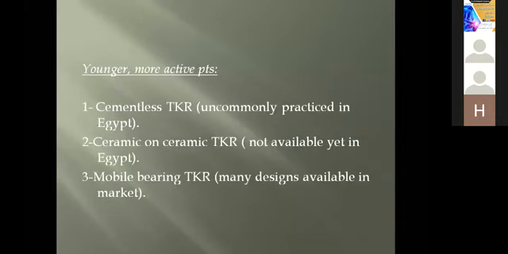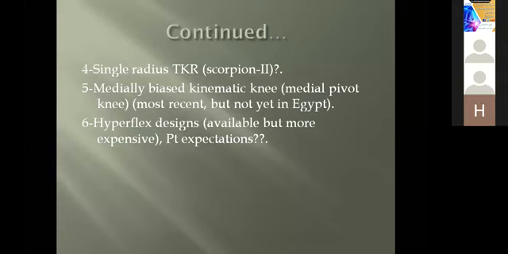For younger, more active patients, we can go for a cementless total knee, which is uncommon practice in Egypt so far. Ceramic-on-ceramic total knee, which is not yet available in my country. Mobile bearing total knee, with many designs available in the market and in Egypt. Single radius total knee introduced by Scorpion company, which is called Scorpion 2.